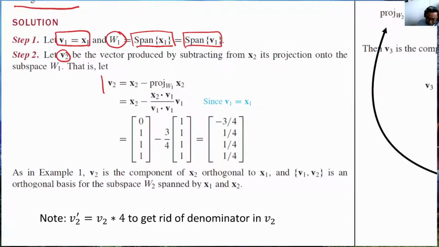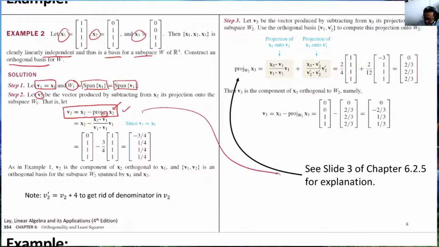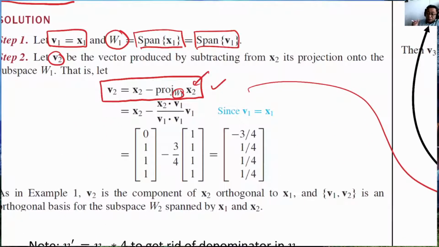So we use this equation. v2 is constructed by x2 minus the projection of x2 on w1. Remember, w1 has only one vector now, which is v1. What is this equation? As a refresher, you can see chapter 6.2.5 for the explanation of this equation, the projection of x2 onto a subspace.